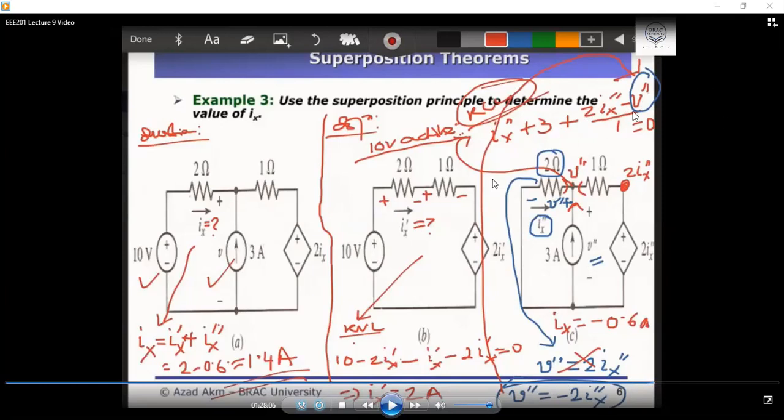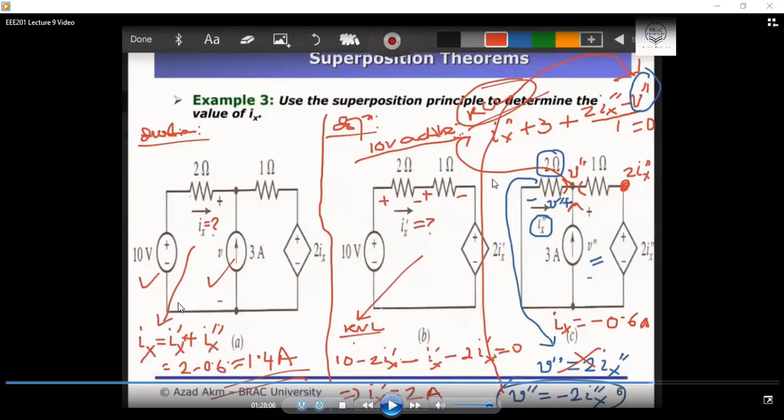Then you solve the equation and you will get the value of Ix double prime as minus 0.6 ampere. Is it okay? Yes, sir. Good.